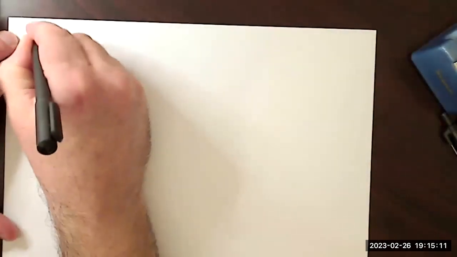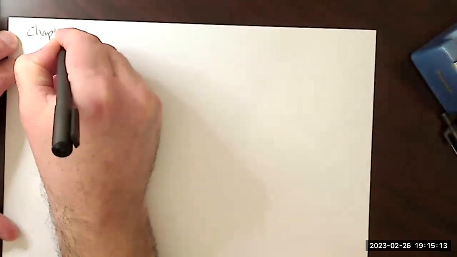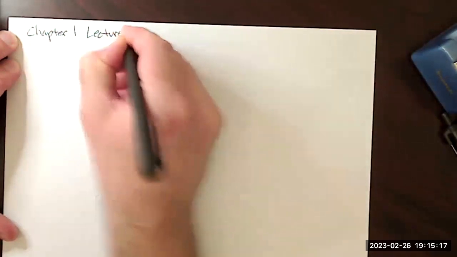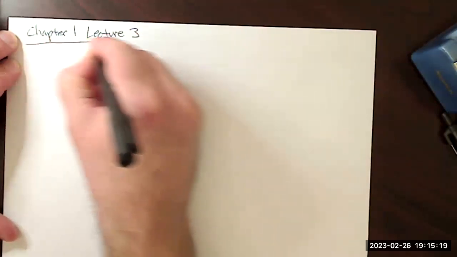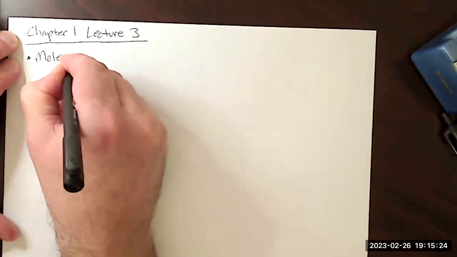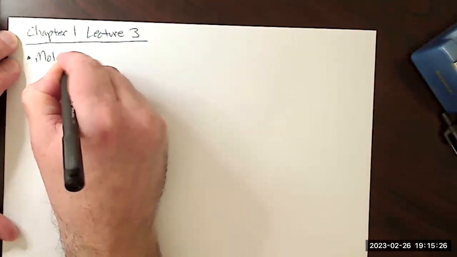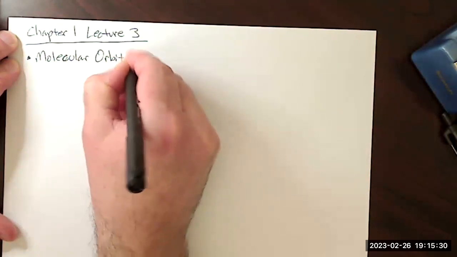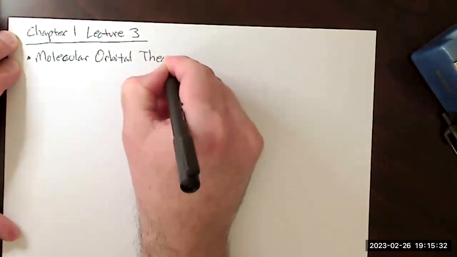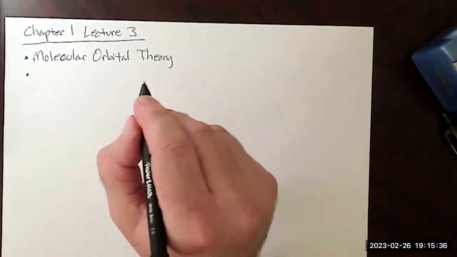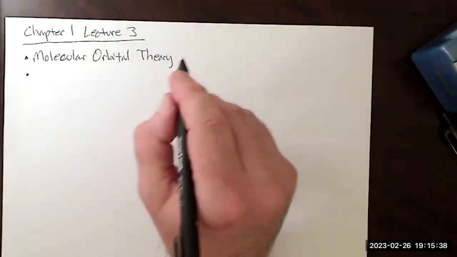So this is chapter 1, lecture 3. And we'll look at molecular orbital theory, as well as some ways of representing chemical structures.